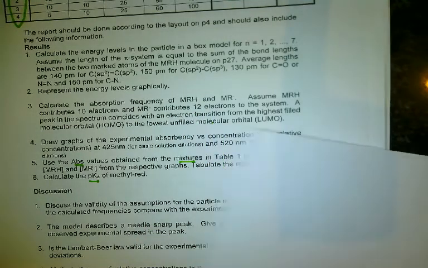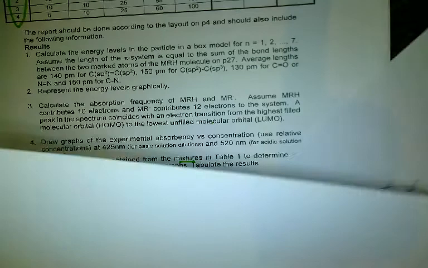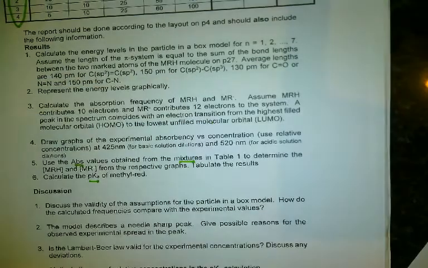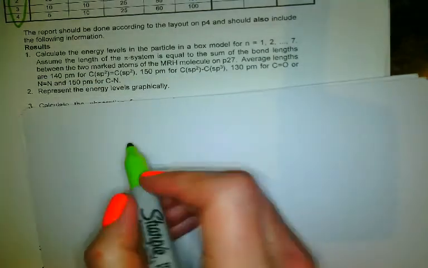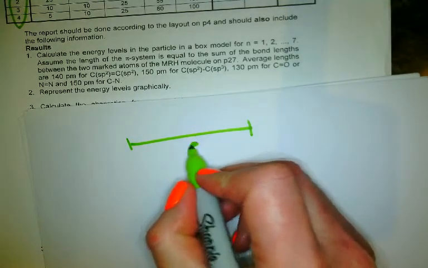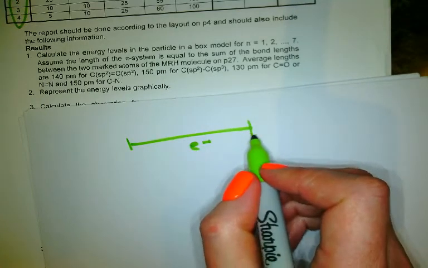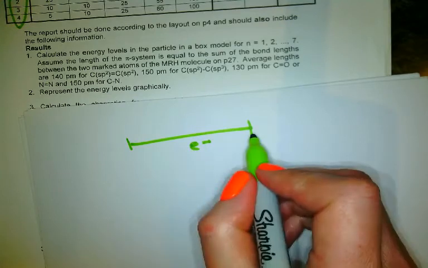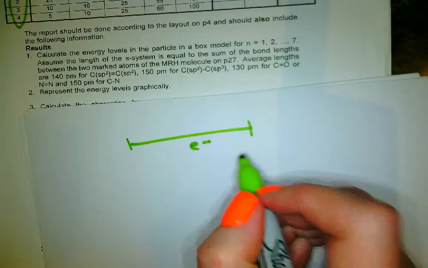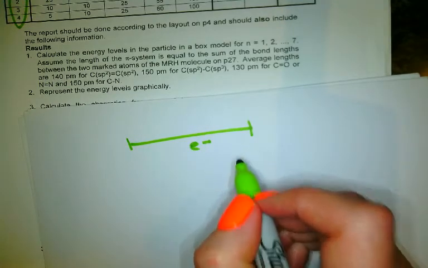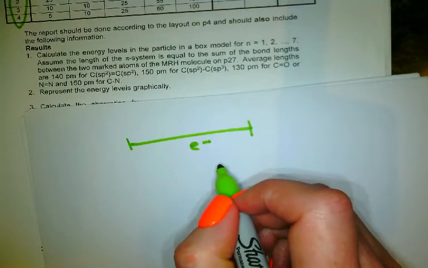So we assume that this molecule can be seen as a particle in a one-dimensional box. We have electrons in this box, and we can use this information and the application of the model to calculate the absorption frequency of this molecule.